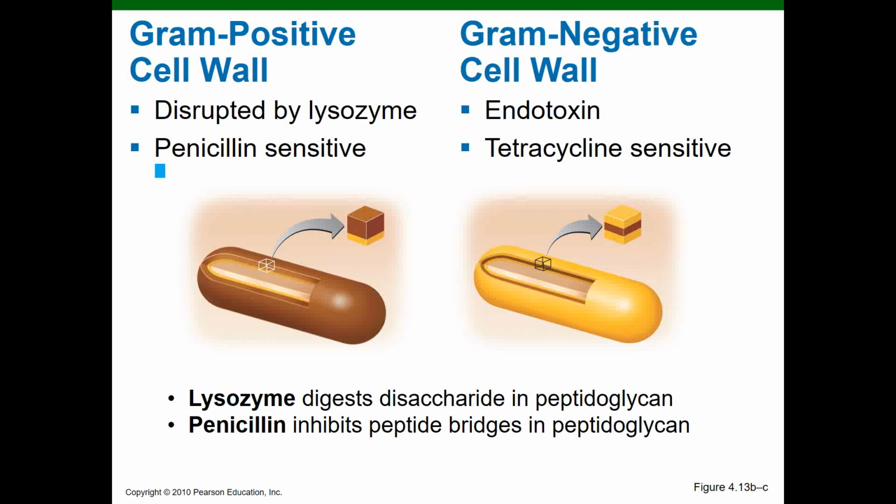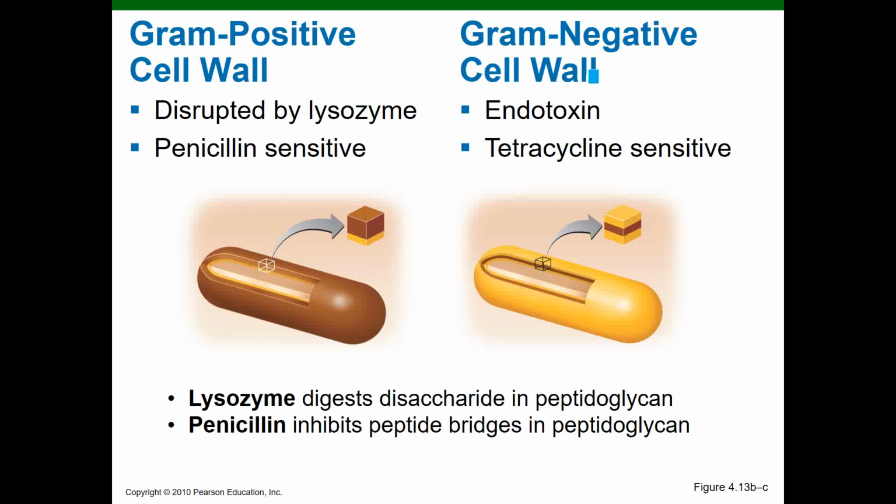Because they have such a huge amount of peptidoglycan, gram-positive cells are also going to be penicillin sensitive, so they're going to respond very quickly to the antibiotic penicillin. And again, the mechanism of action of penicillin is to disrupt those repeating subunits. Because the cell wall of gram-positive cells is so full of peptidoglycan, it turns out to be a very good inhibitor.